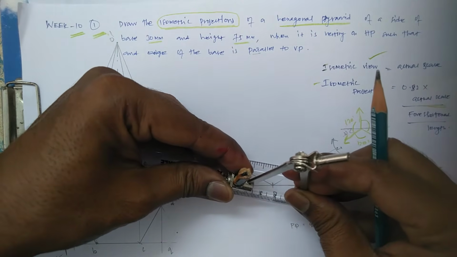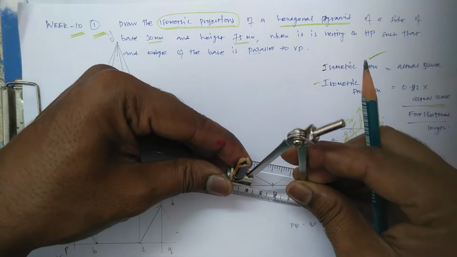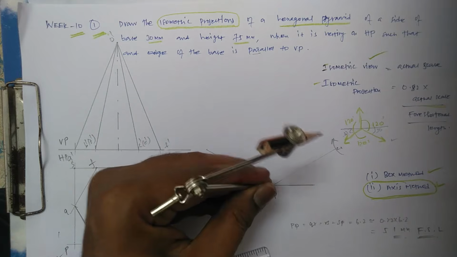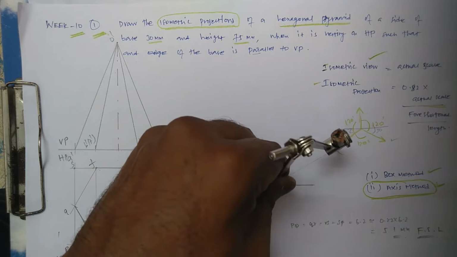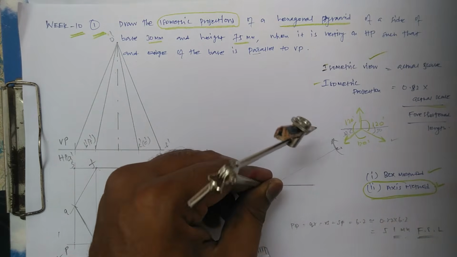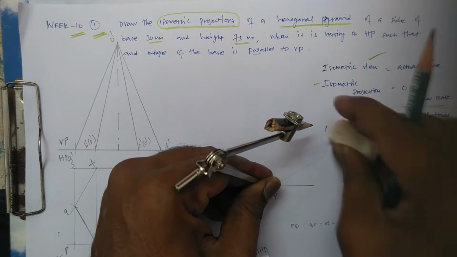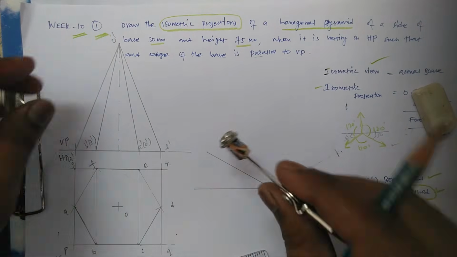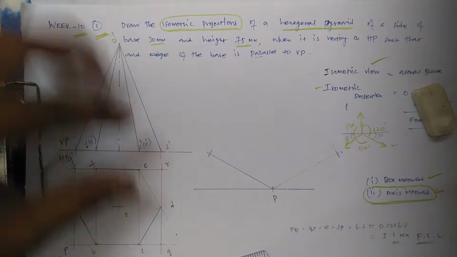There will not be any change in the angle. There will be a change only in the distance. So 5.1. I just erase, many things are there. 5.1 in this direction, 5.1 in this direction.